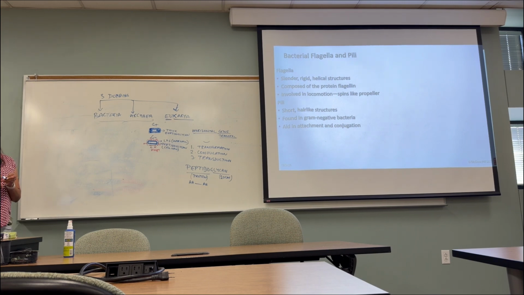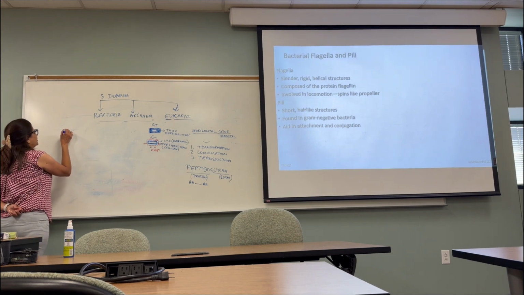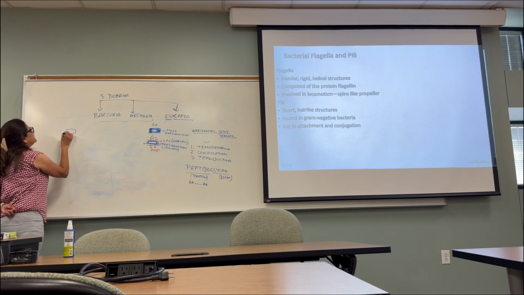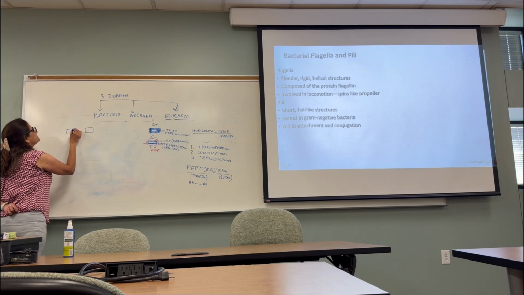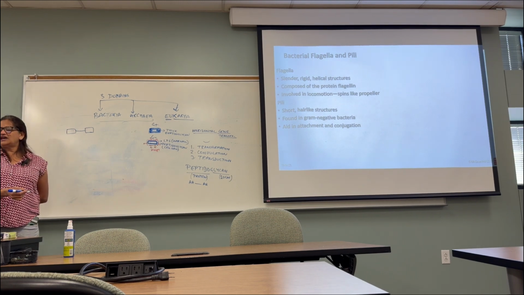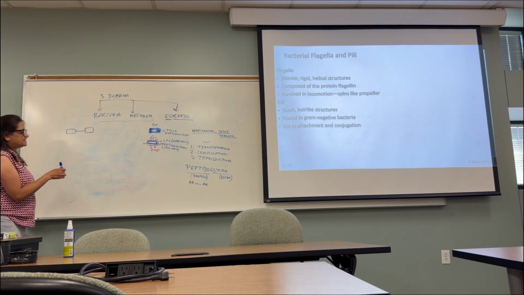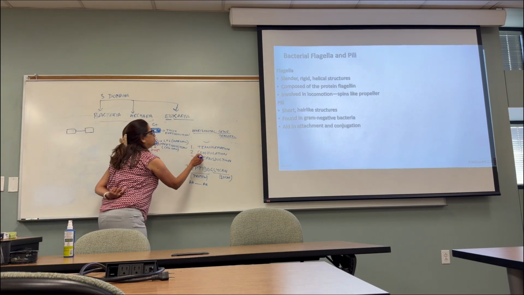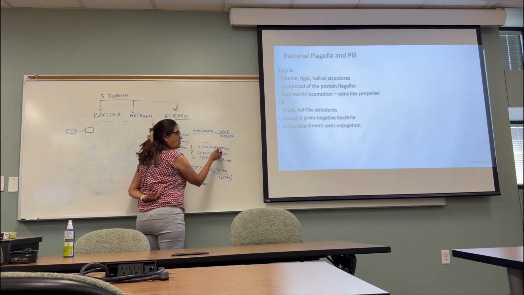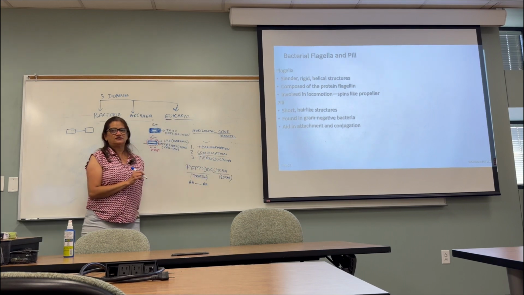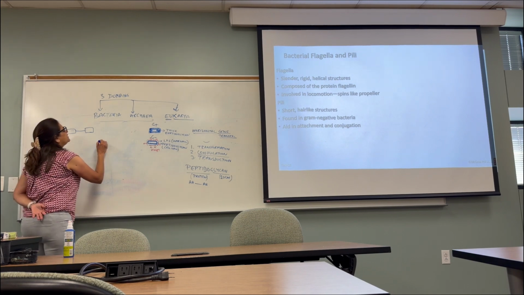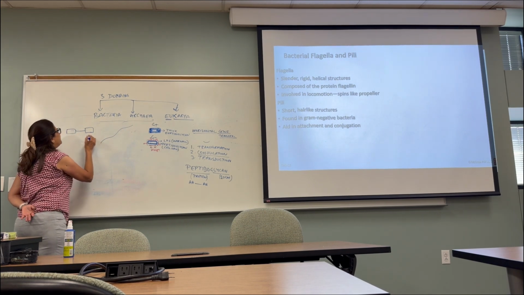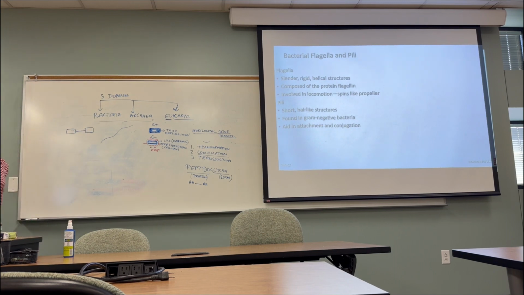They are not meant for movement, but they help in attachment. If this is a bacterial cell and this is another bacterial cell, a pilus is a small hair-like structure which will help attach it to the next cell. They help in a process called conjugation, which is a kind of horizontal gene transfer. Flagella can be very long and hair-like, but pili are very small.